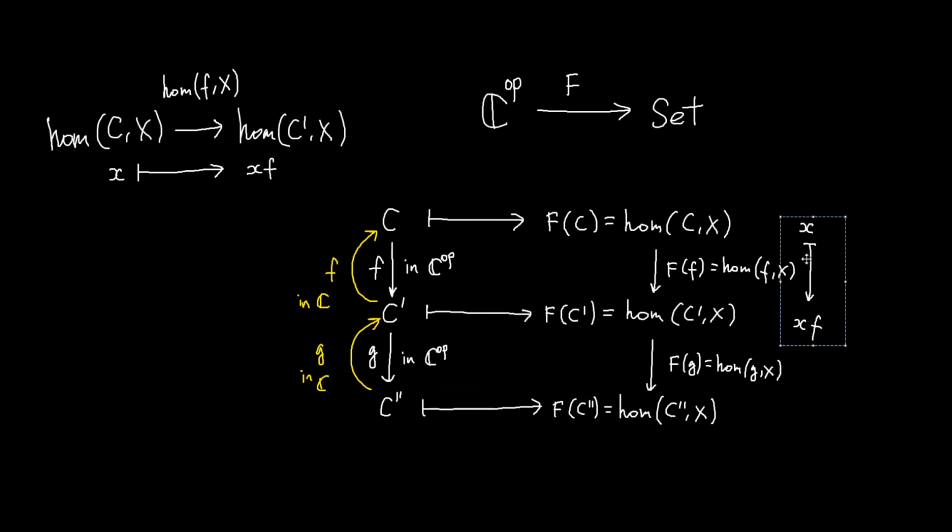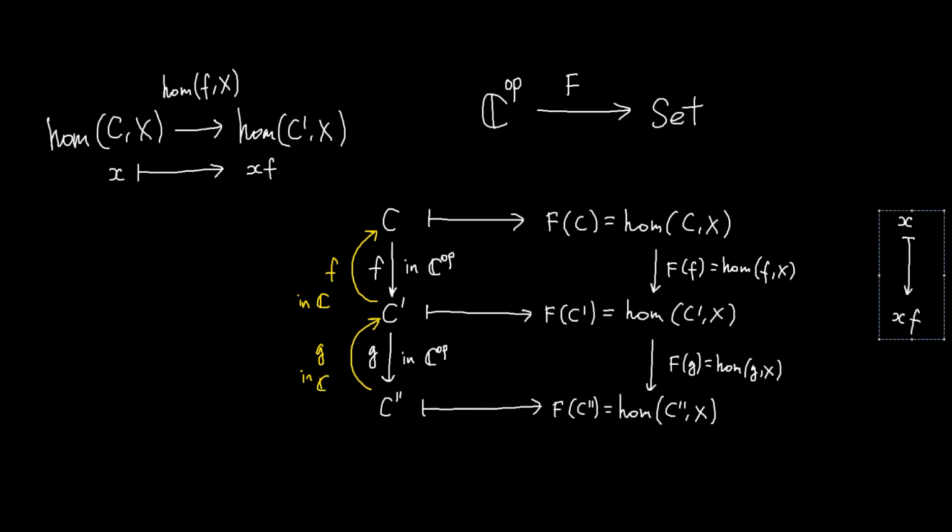So the composite gf will be mapped to a function here. Well, the composite of g and f in the category C op is the same as the composite of f and g in the category C, right? But everything now going the opposite way.